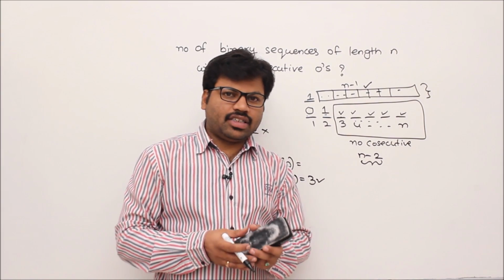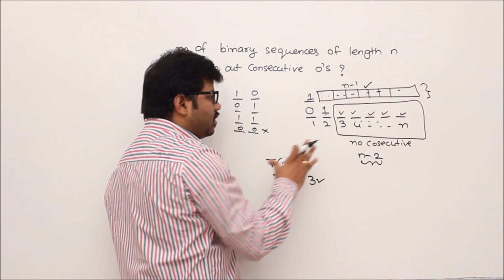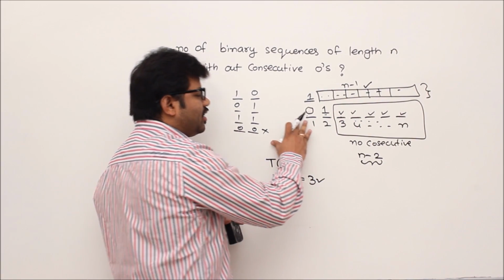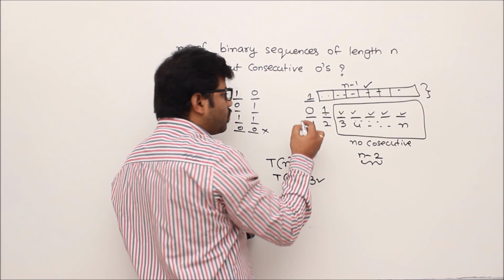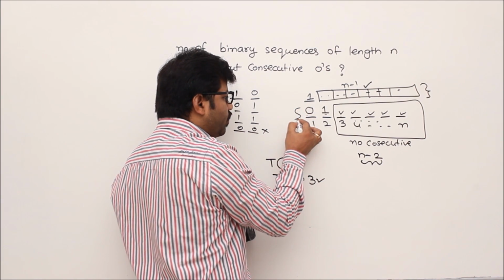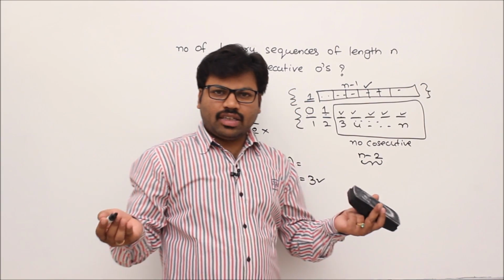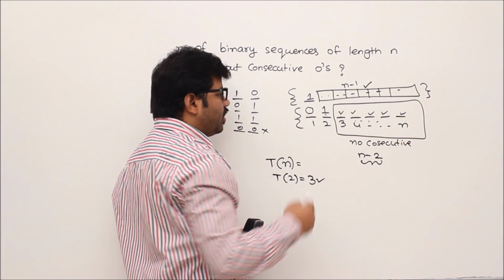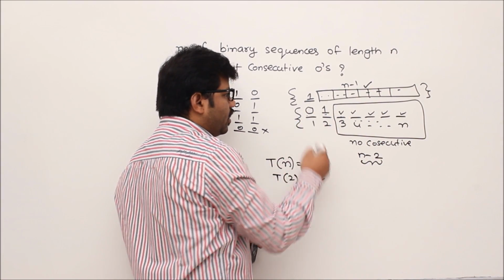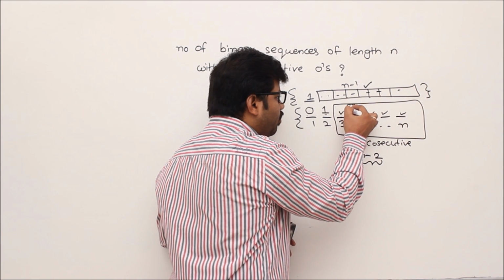That means a recurrence relation. If you see the problem, the total number of binary sequences of such condition is either all sequences of this pattern or all sequences of this pattern. Do we have any other pattern? No. So how many binary sequences are possible with this pattern? Since you already filled 0, 1 here, how many different ways can you fill binary numbers here?